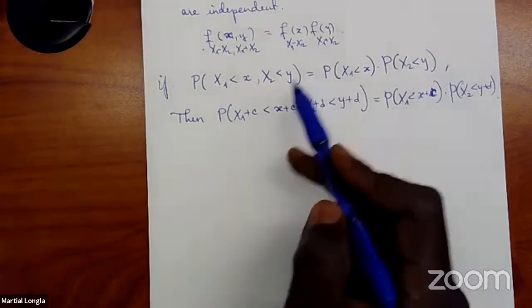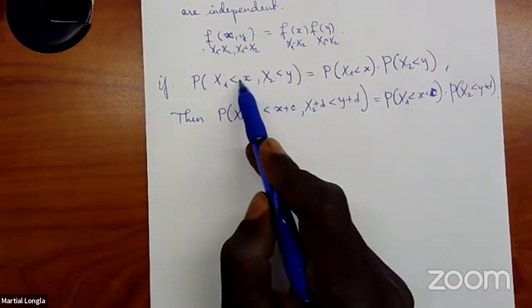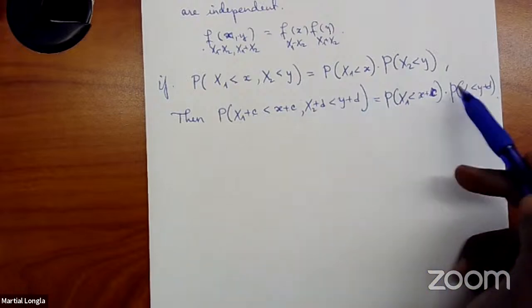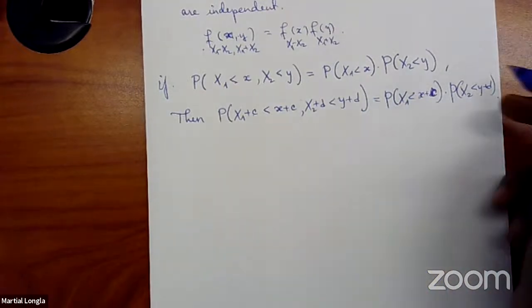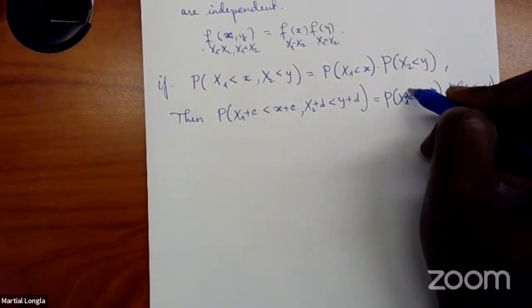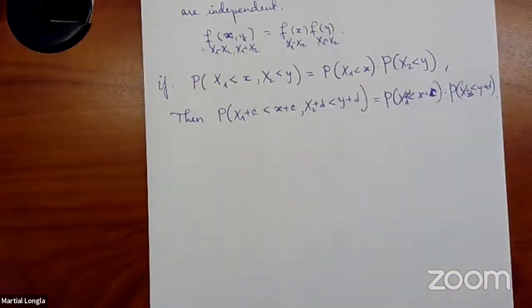It's obvious because all I did is add c to each side, add c here, add c here. I can cancel the c and cancel the d's.